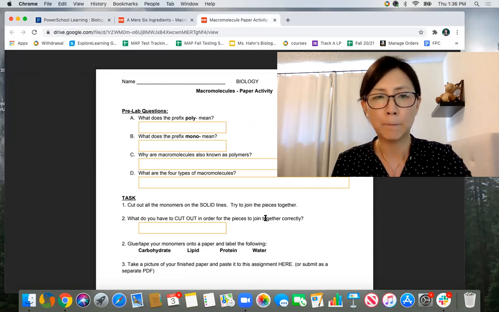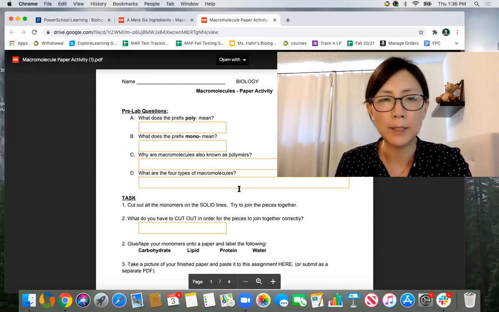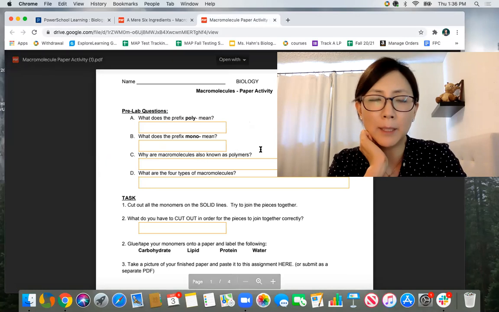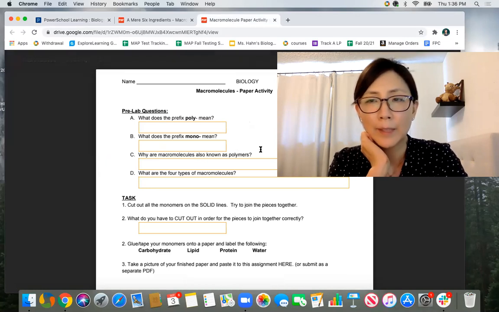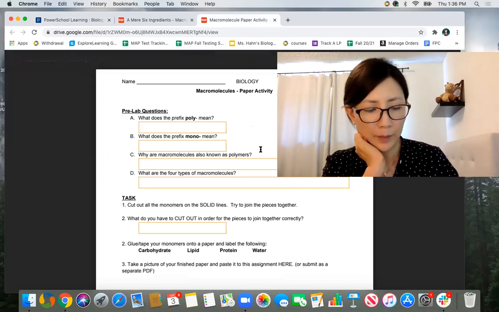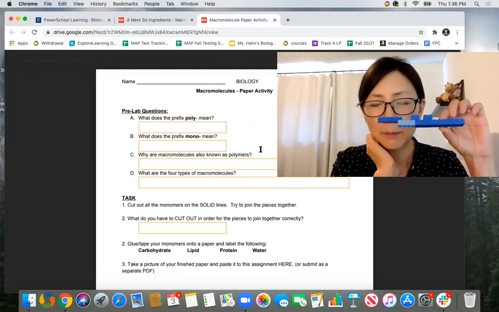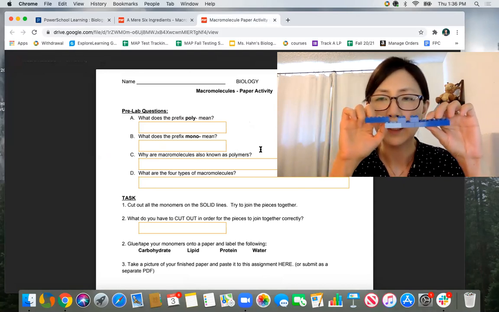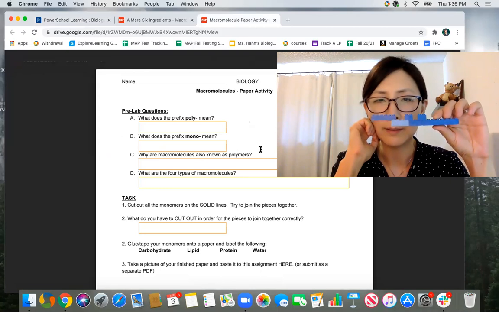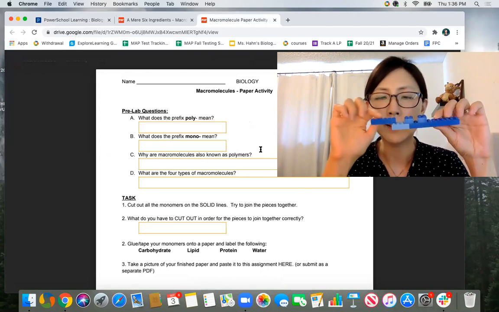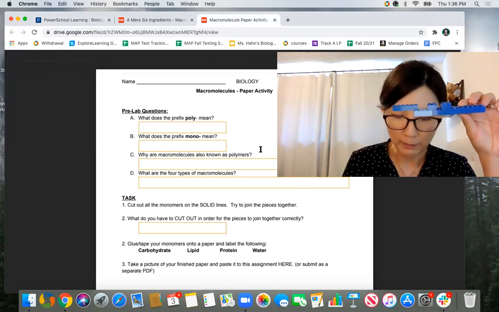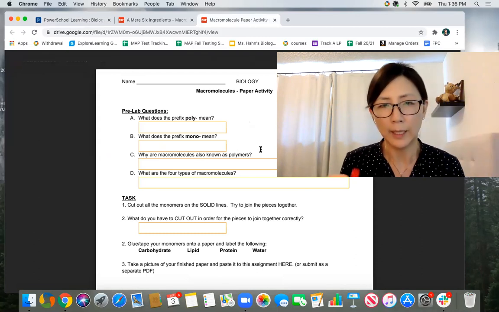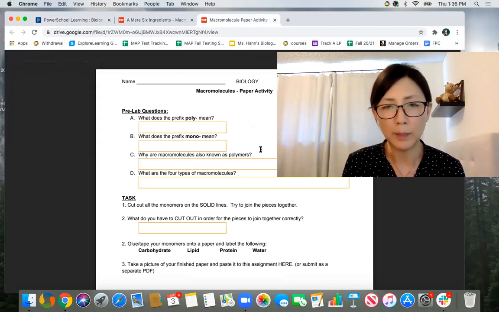But here, these pre-lab questions: what does poly mean? Poly means many. All these macromolecules are made out of many subunits. A polymer is made out of many subunits, and mono just means 1.